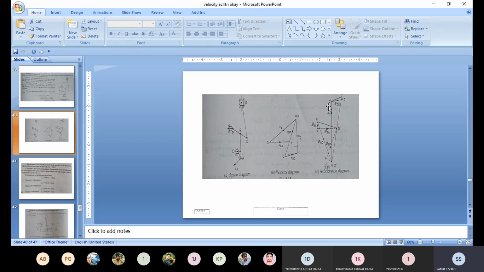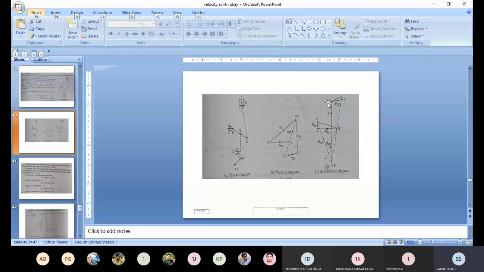If we measure, then we get the acceleration of the link D, or O dash D dash, equal to 69.6 meter per second square. Next, the angular acceleration of CD: alpha CD is equal to the tangential part of CD divided by capital CD in meters.